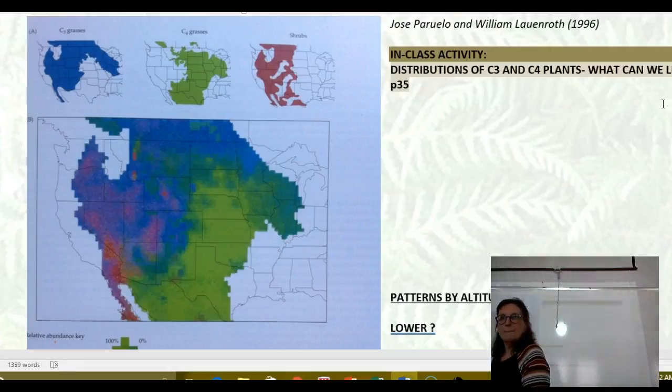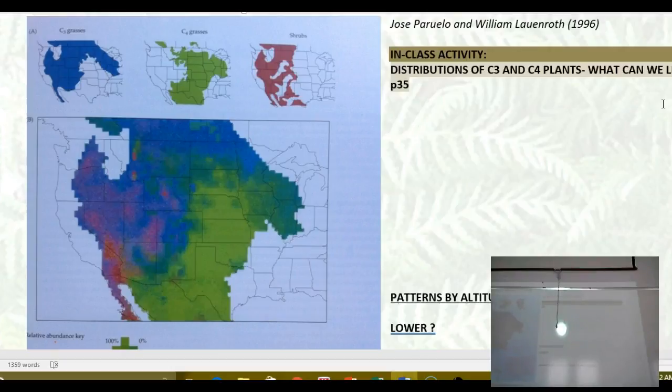What do you see? 100% to 0%, 0 to 100, 0 to 100. C4, C3, and shrubs. So here the combined abundances of C4, C3, and shrubs is indicated by the relative abundance key.